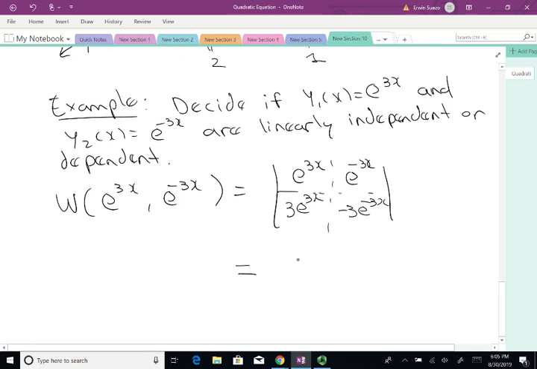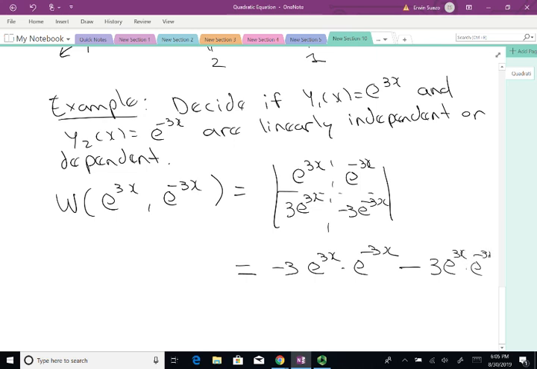So I get minus 3 times e to the 3x times e to the minus 3x minus 3 times e to the 3x times e to the minus 3x.